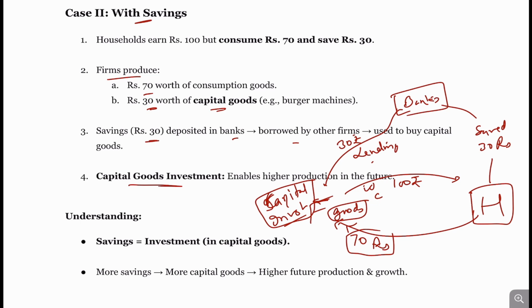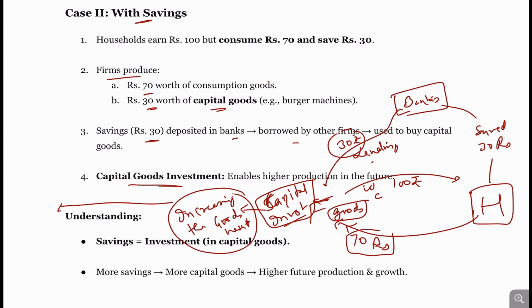This 30 rupees will be increasing the capital investment, and this capital investment will be increasing the supply of goods in the next year or maybe in the future. This is the capital investment that will increase the economy, increase GDP next year or in the future.